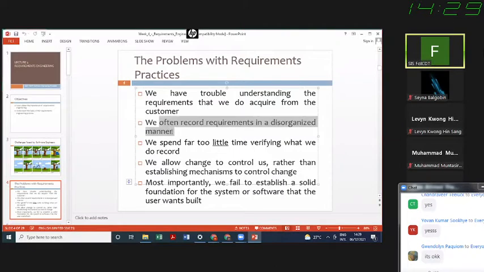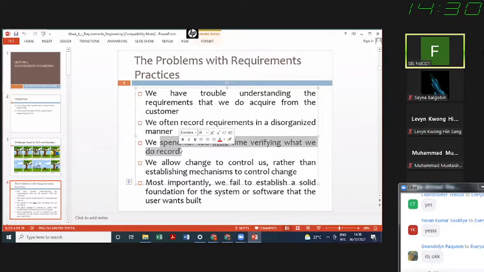Okay, so not properly recorded. We spend far too little time verifying what we do record. We allow change to control us rather than the other way around. Most importantly, we fail to establish a solid foundation for the system or software that the user wants to build.